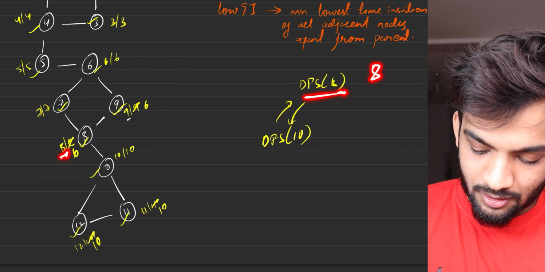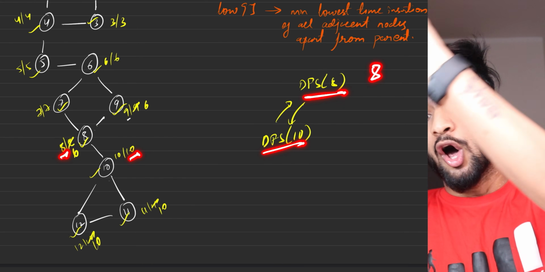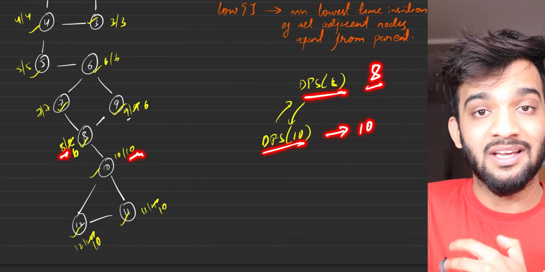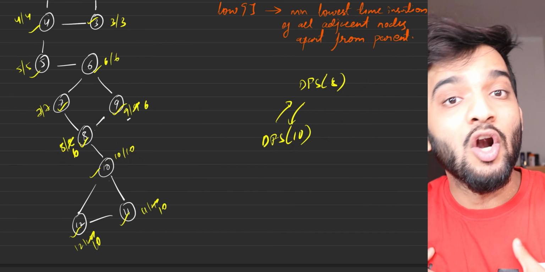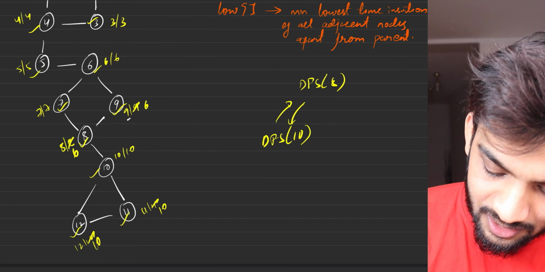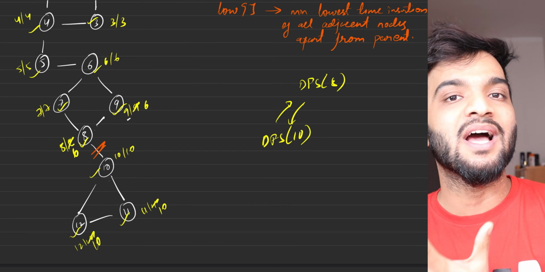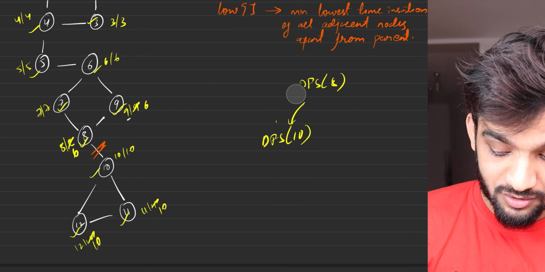My step is 8. 10 says, the lowest step that I can reach via all my adjacent nodes is 10. So, I cannot reach 8 or something before 8. So, I cannot reach you back. If I cannot reach you back, I am stating that this is a bridge. Perfect. Done. So, we got our first bridge.